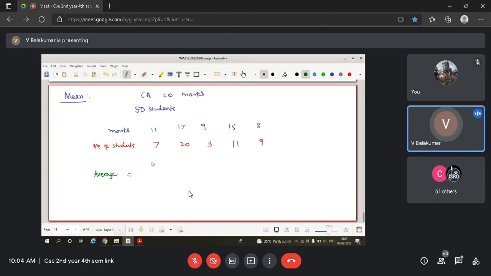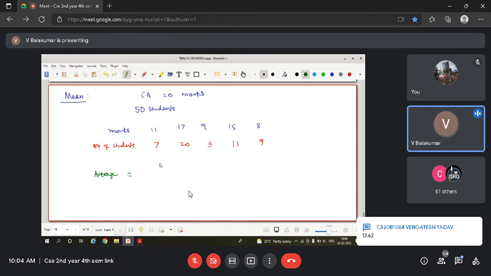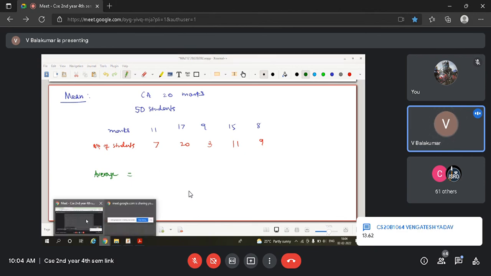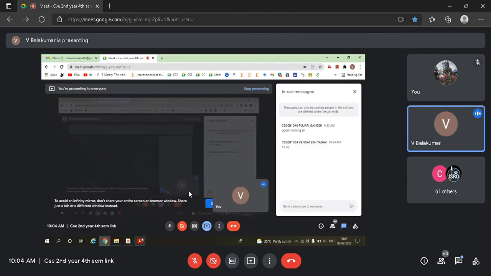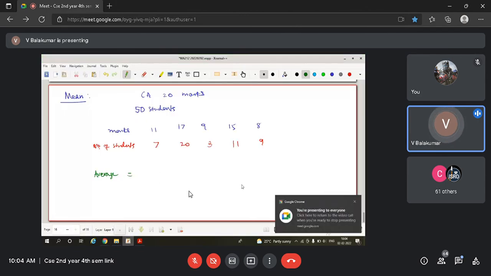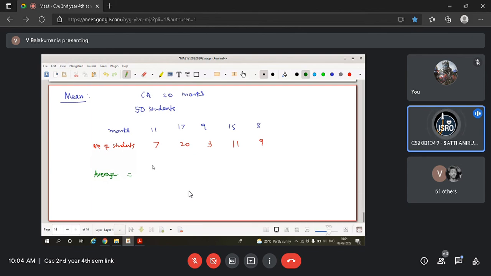So first, 50 students. Suggest me that. What did you say? I think somebody has typed 13.62. That's okay, but we need the methodology. We are not interested only in the number: the summation of the number of students into marks obtained, divided by 50.